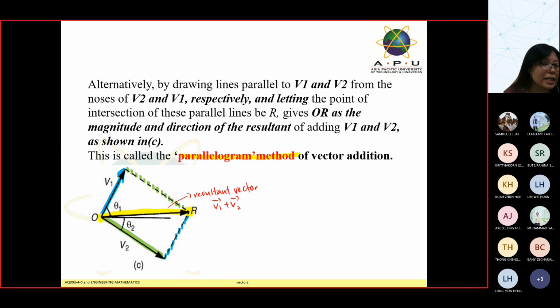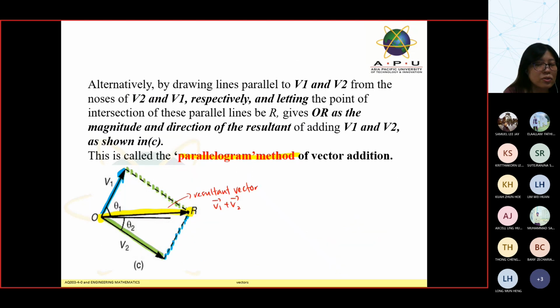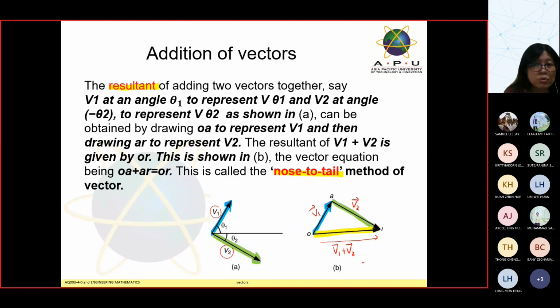Is that clear for the methods that I just showed? I think you should have learned this before. If you have learned about vectors, I believe you must have learned the resultant vector with the parallelogram method and the nose to tail method.